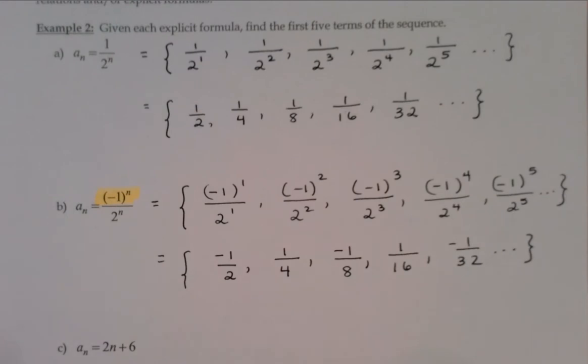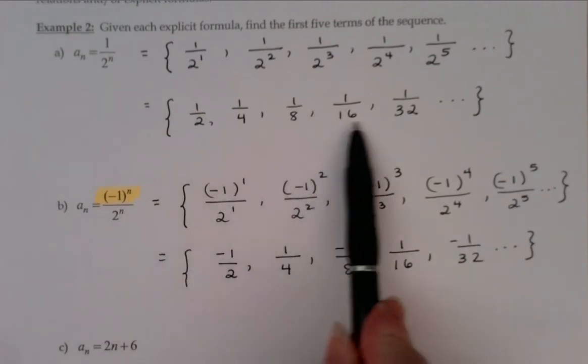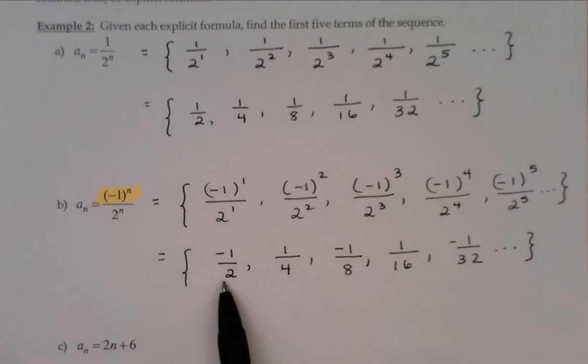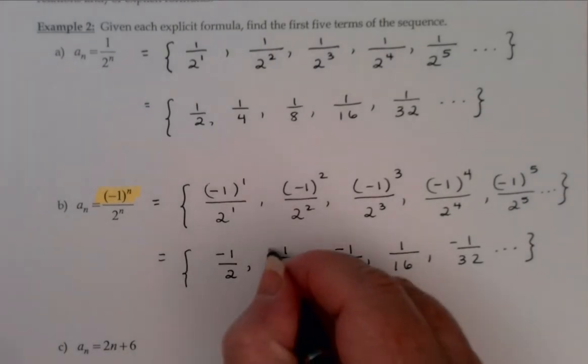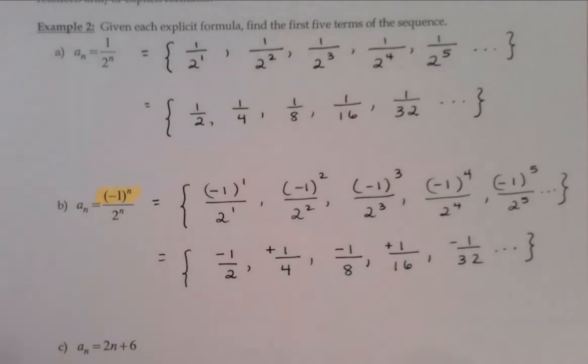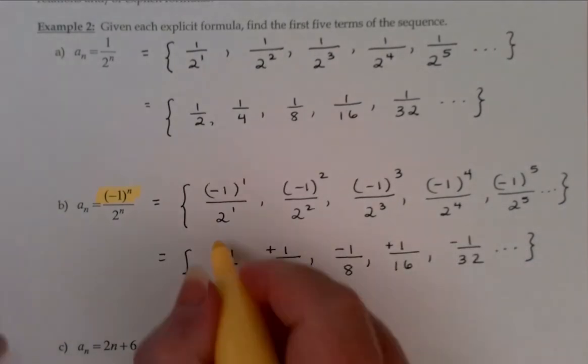So what's happened is all of the values of the original sequence are the same in terms of absolute value. In the second sequence, that -1 to the n simply caused these terms to have alternating signs. Just to emphasize, I'm going to put pluses on the ones that are positive.